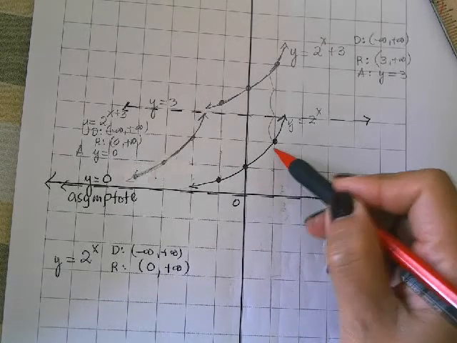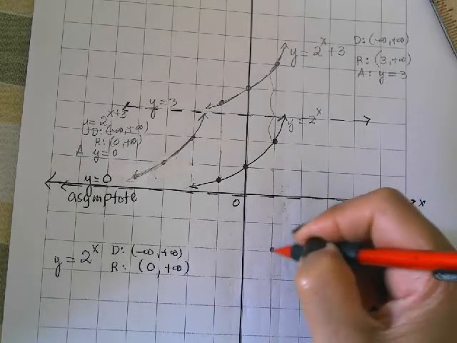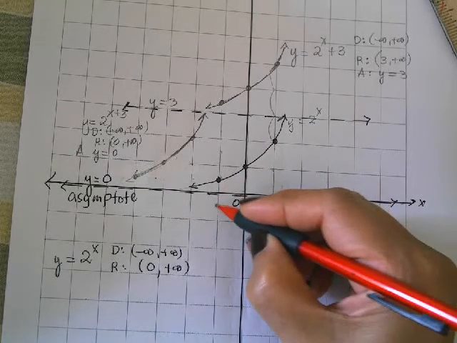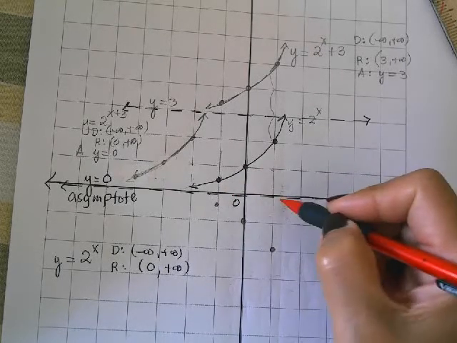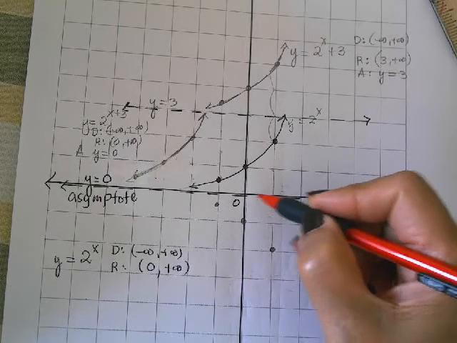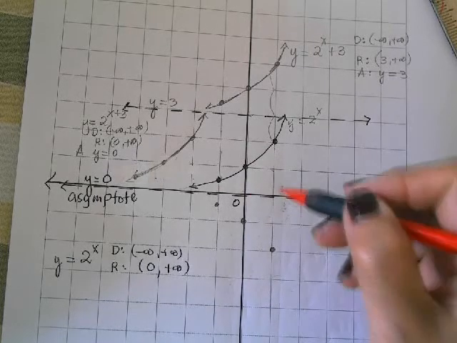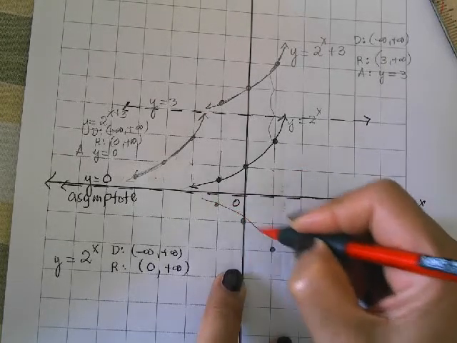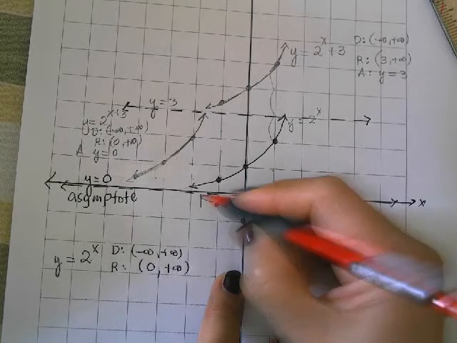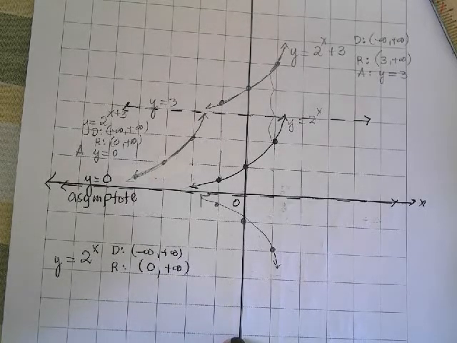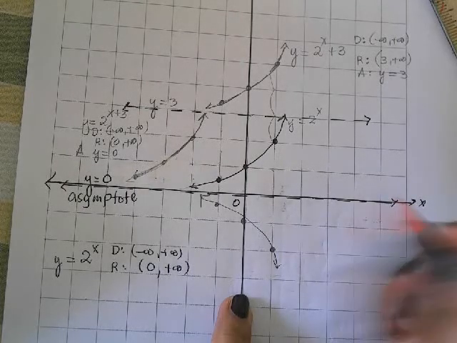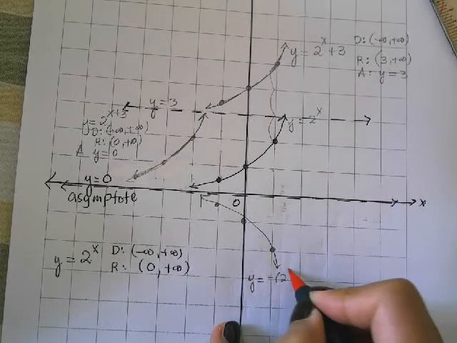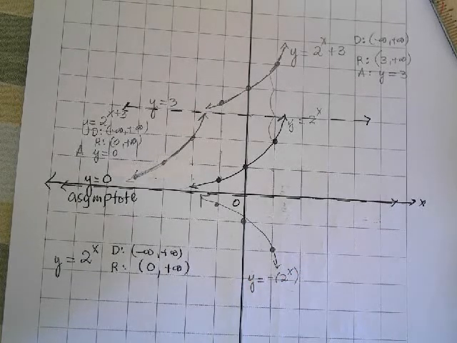So 1, 2 up, 1, 2 down, 1 up, 1 down, 1 half up, 1 half down. And then we will also reflect our asymptote on the x-axis on itself, so it will stay the same. So this is now our graph of y equals negative 2 to the x. Let's write it here. Y equals negative 2 to the x. And what is our domain?